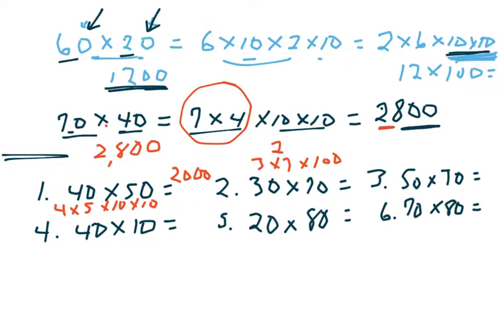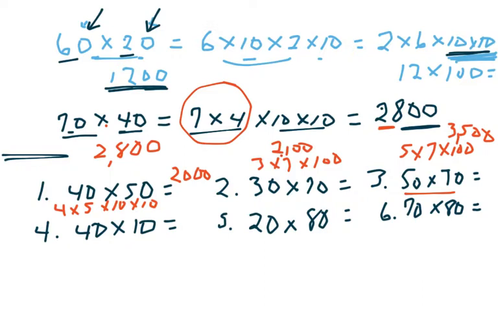That is 2,100. 50 times 70 here, that's 5 times 7 times the 100, 3,500. It's pretty simple, isn't it?